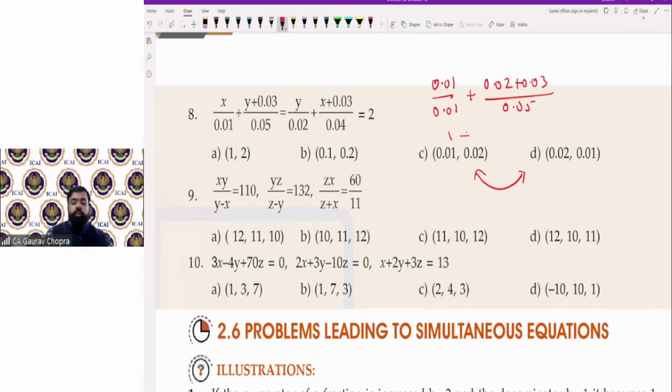So here it is 1 plus 1, that is 2. So one side is verified. Check the other side also: 0.02 divided by 0.02 plus 0.01 plus 0.03. So again 1 plus 1 is 2. So both sides are getting verified. Therefore, option number C is correct.